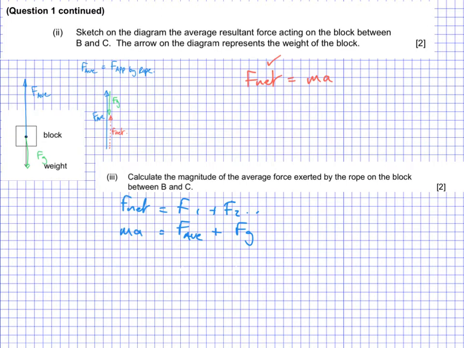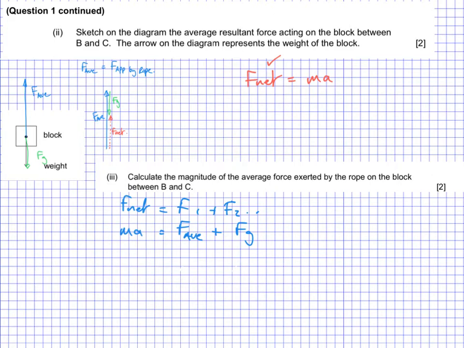Okay, now we've got to really pay attention to the positives and negatives here because we've got them going in different directions. So let's restate this. We're going to solve for this average force, but I really need to make sure that I'm taking care of this negative factor here. The green arrow, the FG, is down. All of the other ones are pointing up.